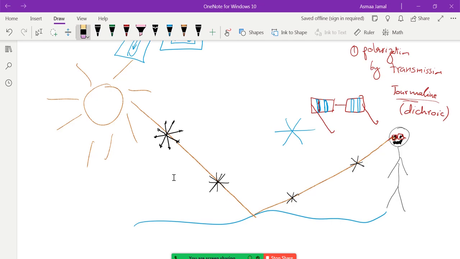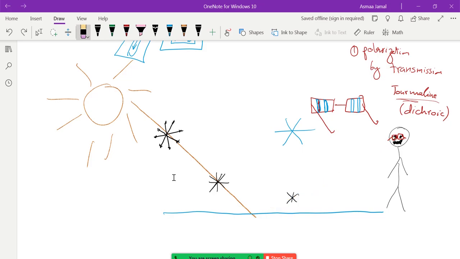Sometimes when that surface of water is almost regular, the light coming from the sun can polarize by reflection, like this. So the reflected light to your eyes, the surface of water mostly will reflect the horizontal plane. So a lot of horizontal plane is going right into your eyes.